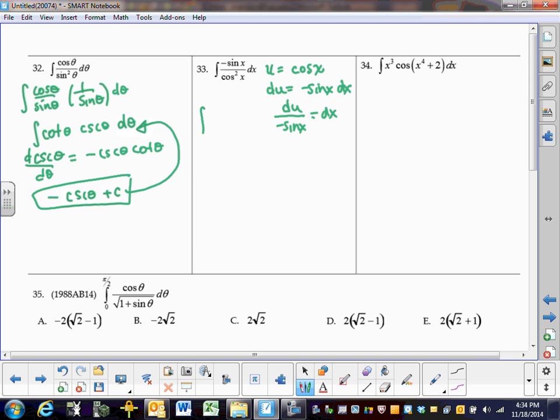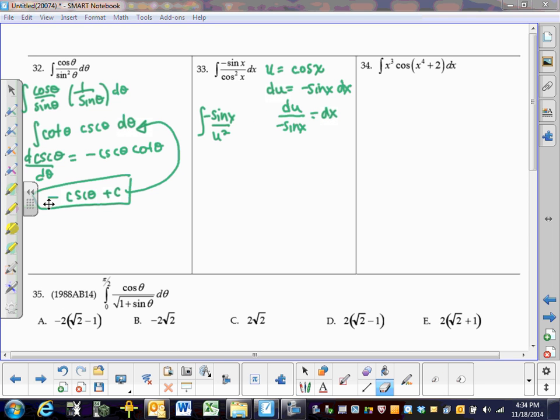So that would mean that I have a negative sine x over u squared, and I would replace my dx here. So this would be du over negative sine x. And the negative sine x completely cancels.